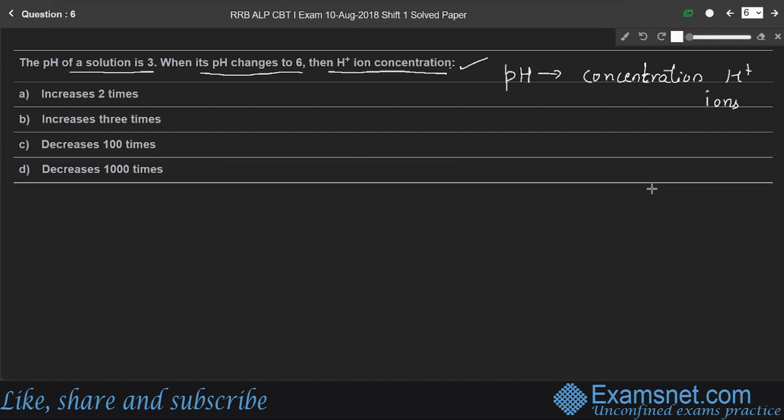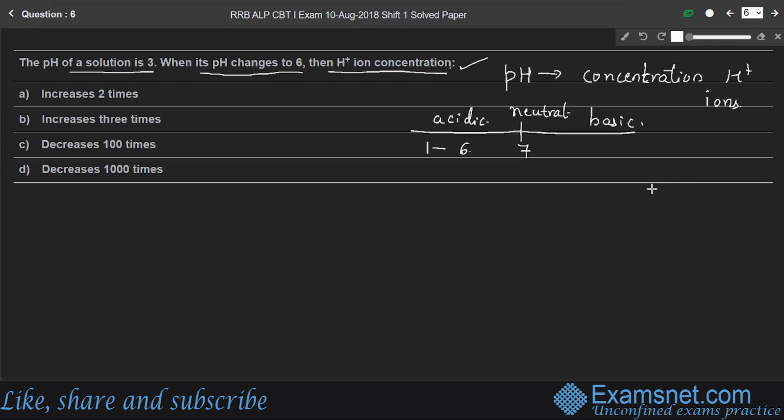Hydrogen ions, right? So if you take the pH from 1 to 6, which tells the acidic nature. If the pH is 7, that is a neutral solution. If the pH of a solution is above 7, then that solution is a basic solution.